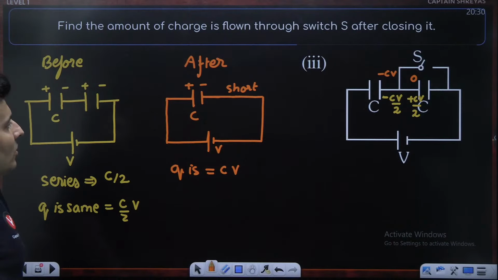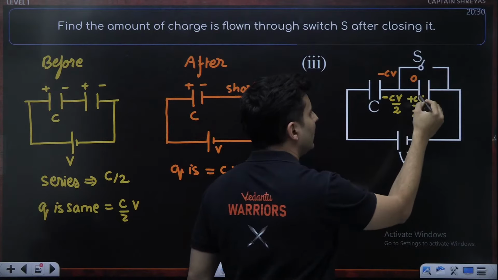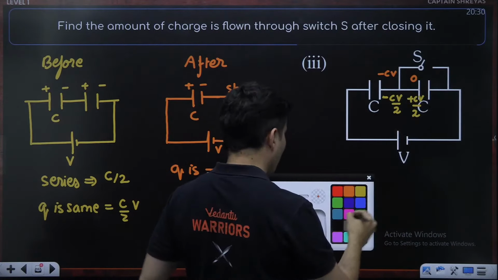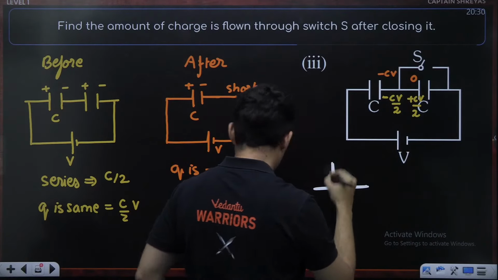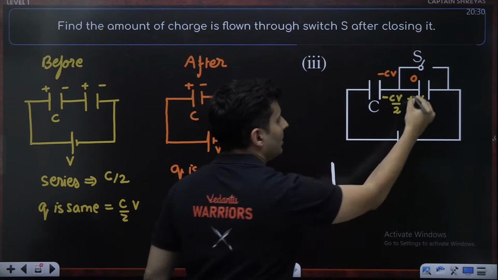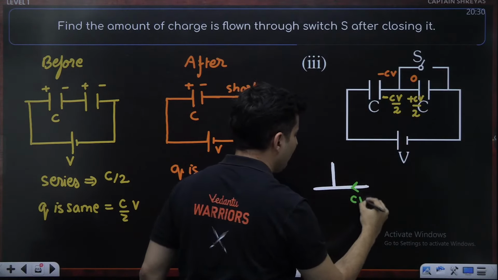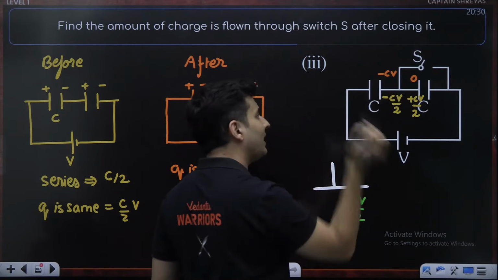Okay. So basically, what would have happened? This charge became 0. That means plus CV by 2 went like this. Think about it. At that junction, CV by 2 became 0. That means it disappeared. Minus CV by 2 became minus CV.